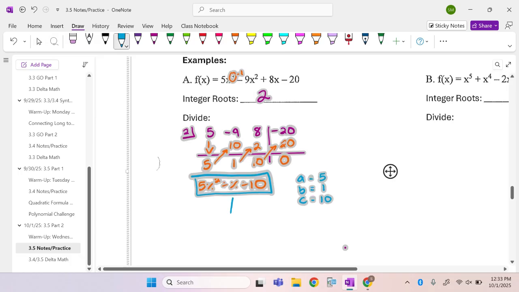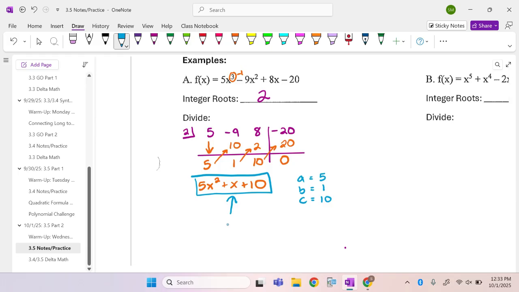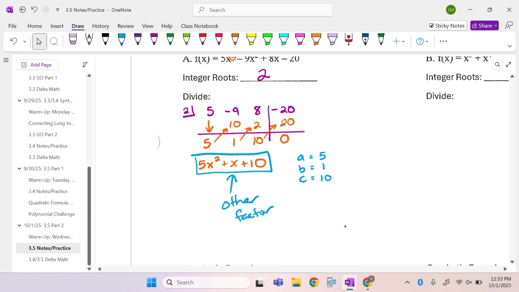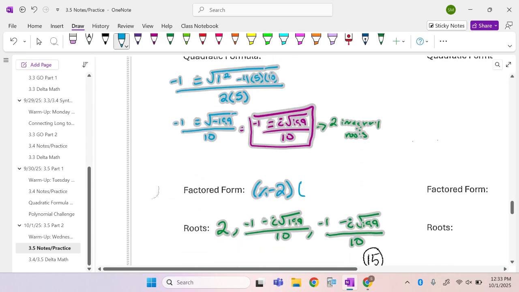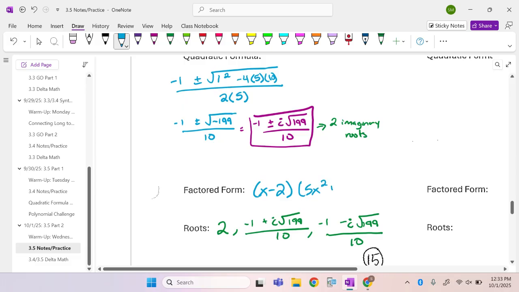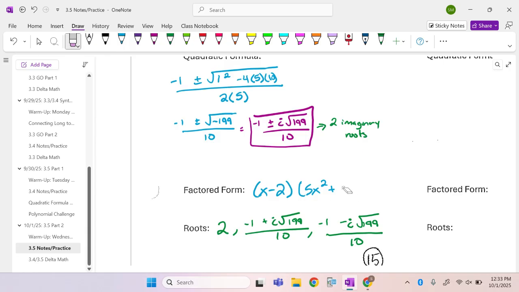And it's our quadratic right here. So this quadratic that we found, because it gives us imaginary roots, this is our other factor. And we just write it verbatim. So this will be times 5x squared plus x plus 10. And that's it.